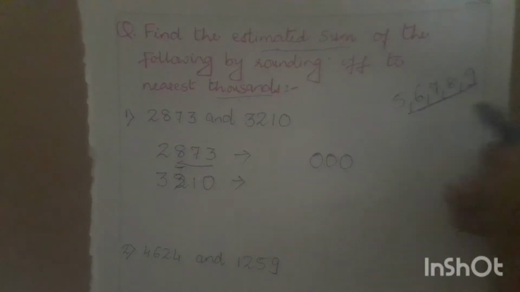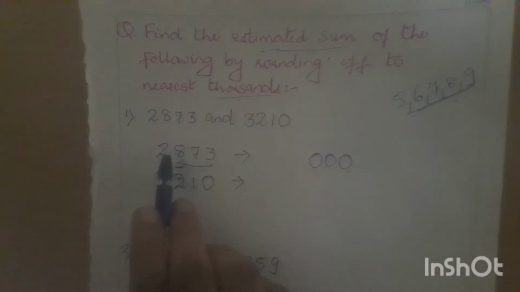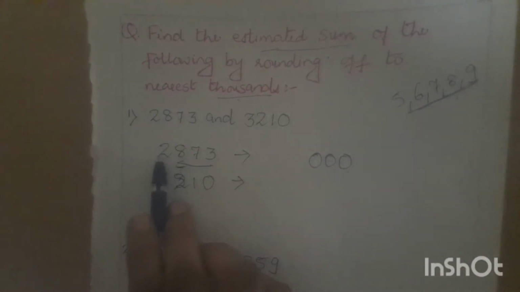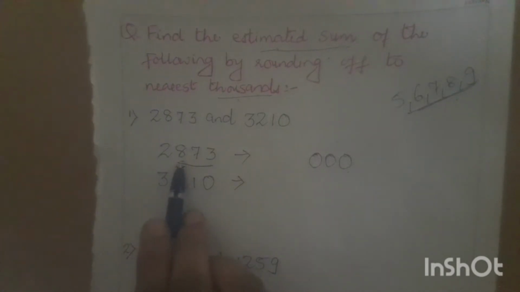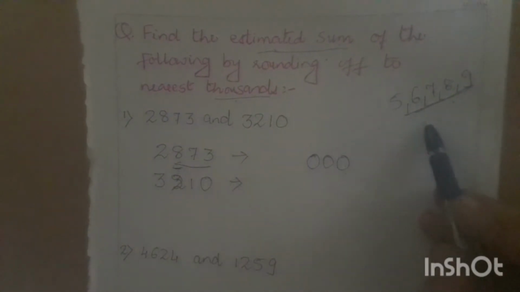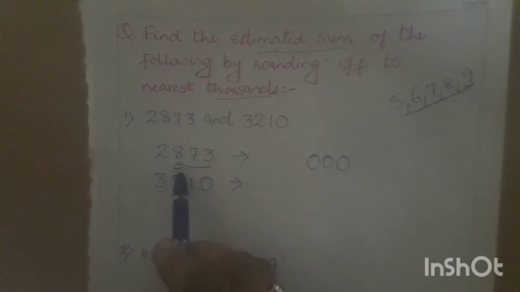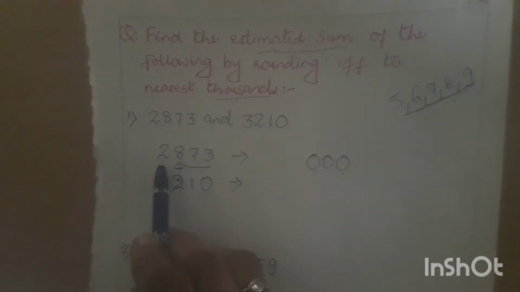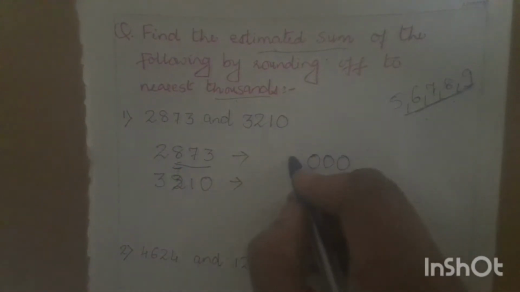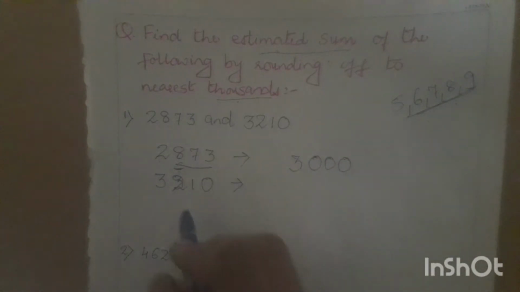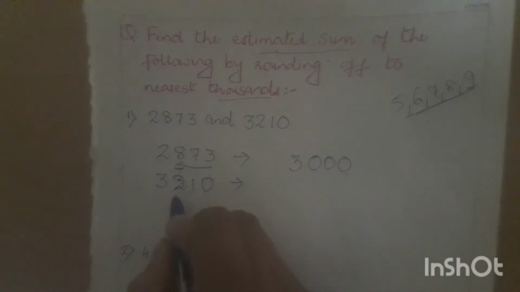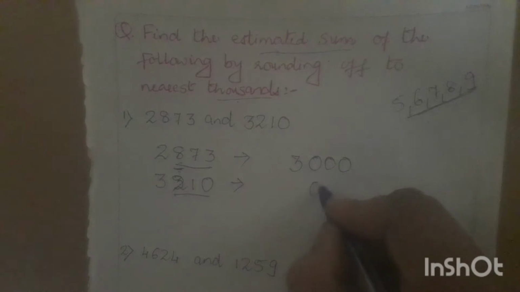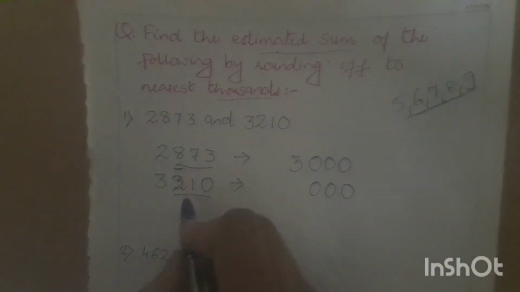Then you have to add 1 to the previous number, otherwise not. So here 8 is given, that means the condition is satisfied. So if you add 1 to the previous number, then it becomes 2 plus 1, that is 3. Similarly here the second number, 3 digits to be underlined, 3 zeros you will write, and the digit at the higher place is 2.